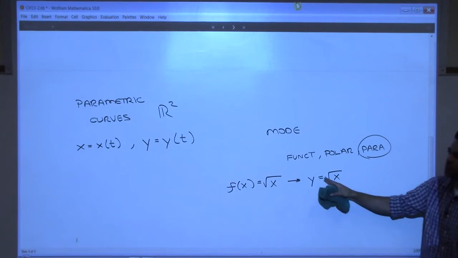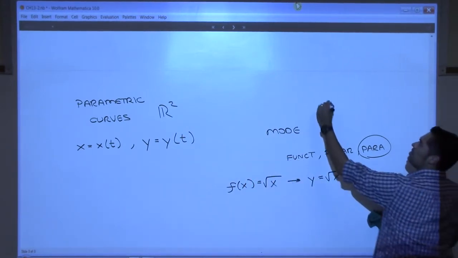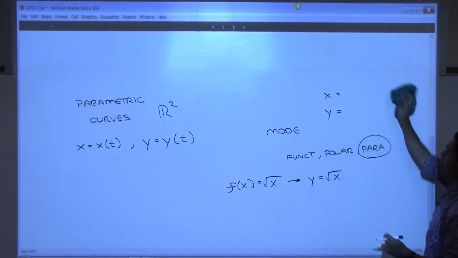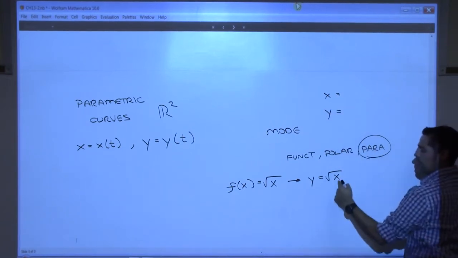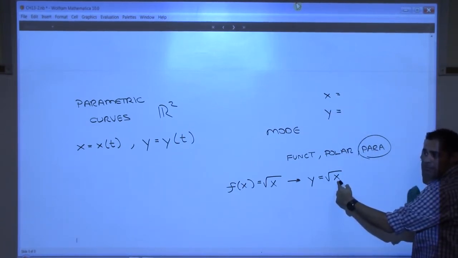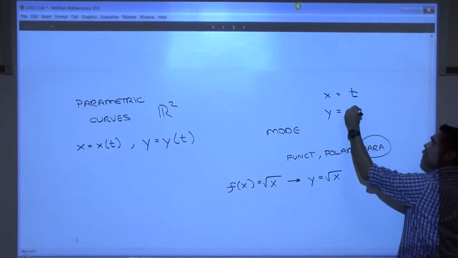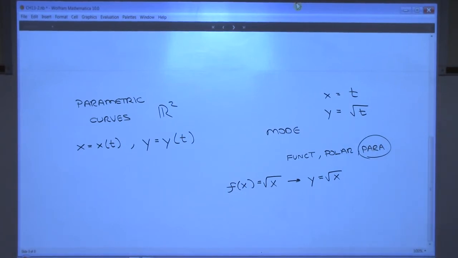What I'm going to do is convert this to a parametric curve instead. So I just need to come up with some function for x and some function for y. They both have to depend on t. Well, the x doesn't depend on anything, so I'm just going to let that be t. And then the y is going to be the square root of x, but that's just t, so root t.